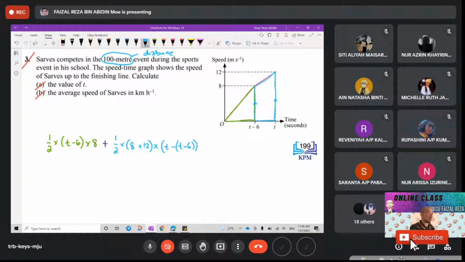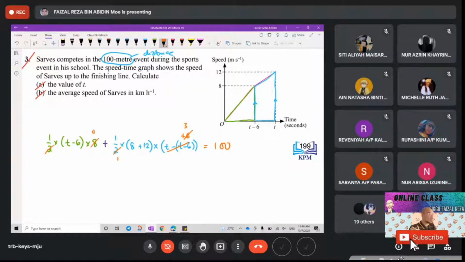Okay, I can simplify first. This is going to be equal to 100 because we have the distance already, 100 meters. So the 2 and 8 give 4, and the 2 and 12... negative, negative gives positive 6, so I get 3.